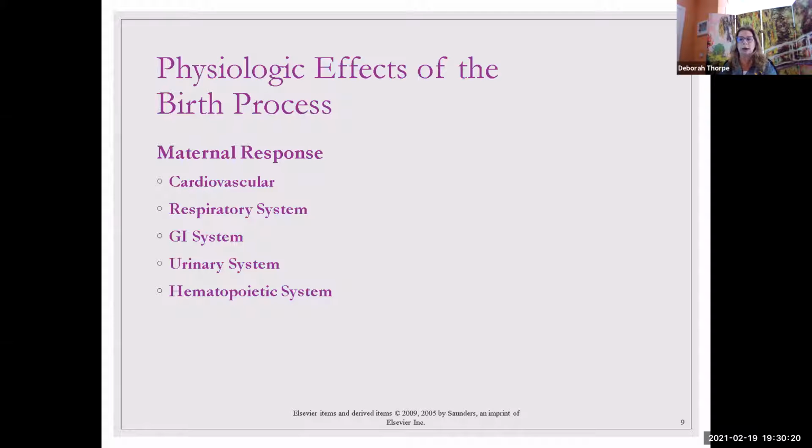So let's think about respiratory wise. What is it doing to her respiratory wise? What would you think is going on during the birthing process for mom? She's increasing her respiration. Yeah, she's breathing faster because she's in pain, right?